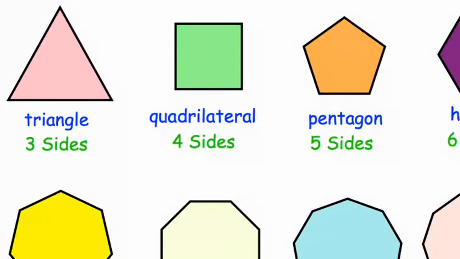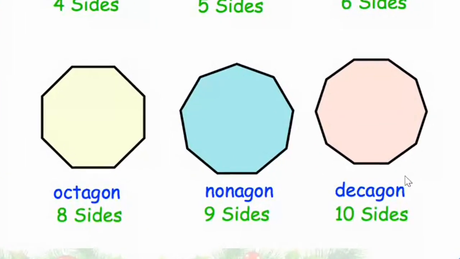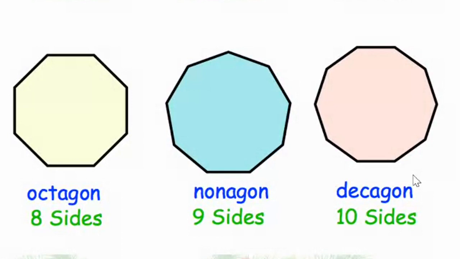A three-sided polygon is called a triangle. A four-sided polygon is called a quadrilateral. A five-sided polygon is a pentagon. A polygon with six sides is a hexagon. A polygon with seven sides is a heptagon. An eight-sided polygon is an octagon. A nine-sided polygon is a nonagon, and a polygon with 10 sides is called a decagon.